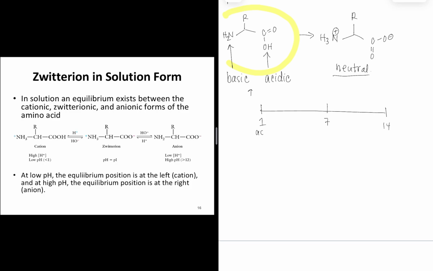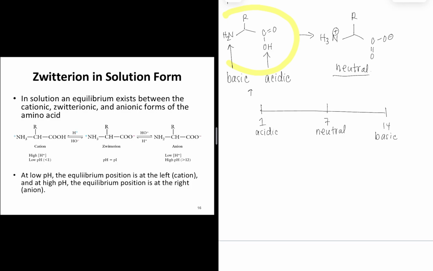This would be something that's acidic with a pH of 1, and a pH of 14 would be very basic. pH of 7 would be neutral. So I can think about my zwitterion having a different form depending on the pH.